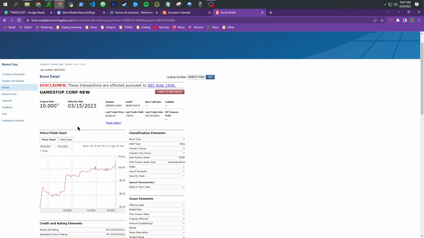Clearly, even when these bonds were issued, they were a little low, 80 cents on the dollar to begin with, but that went up pretty quickly. So even down here, if this was the norm, $80 to $87, it's a hell of a lot better than where Bed Bath & Beyond's bonds are trading.